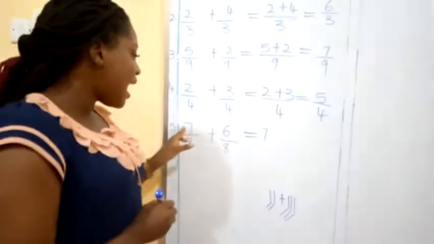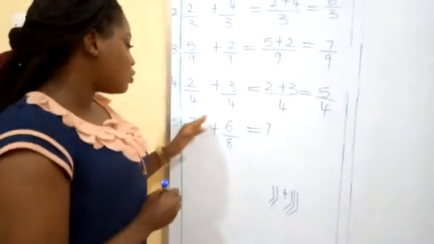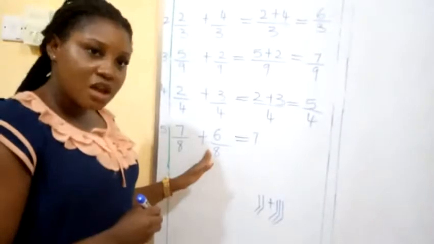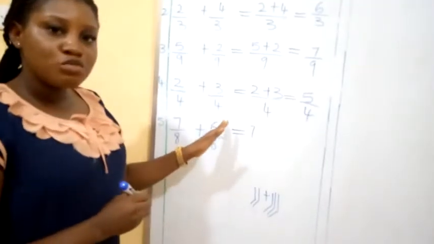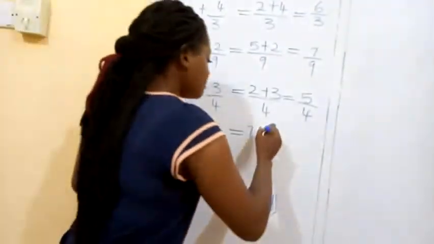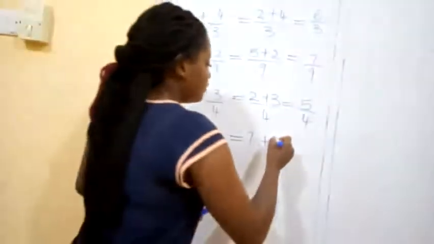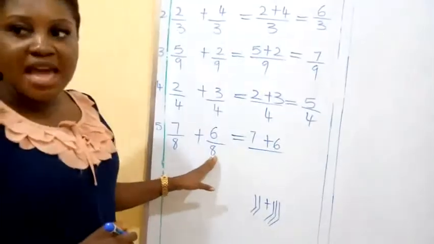Remember, we said we add numerators together to get our answer. So we are going to add 7 to what? 6. Should you add 7 to 8? No, you shouldn't. If you do that, your answer will be wrong. Do you want to be wrong? No. We are always right. Okay. 7 plus what? 6. All over our denominator, which is what? 8.